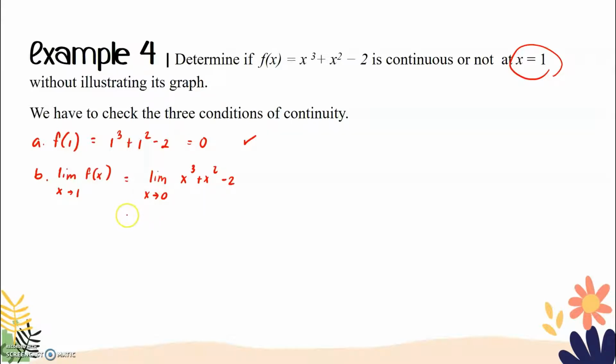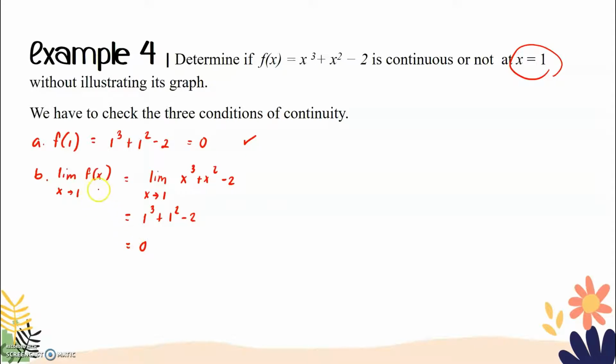Since we are given a polynomial function, we can find the limit through the substitution method. So with x equals 1, you have 1 cubed plus 1 squared minus 2, and that is 0.